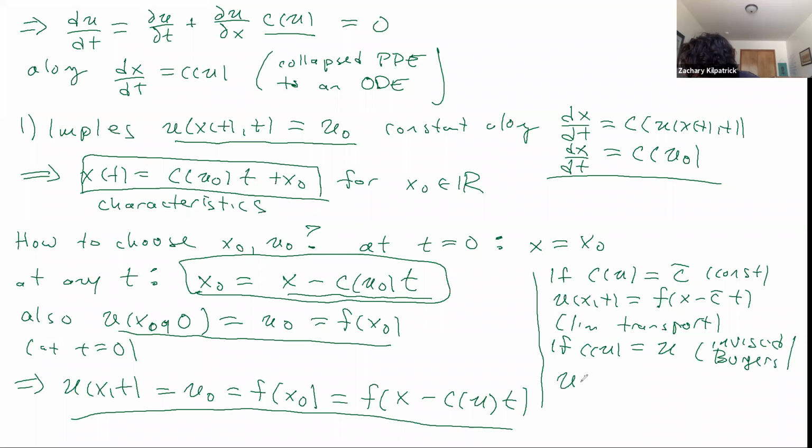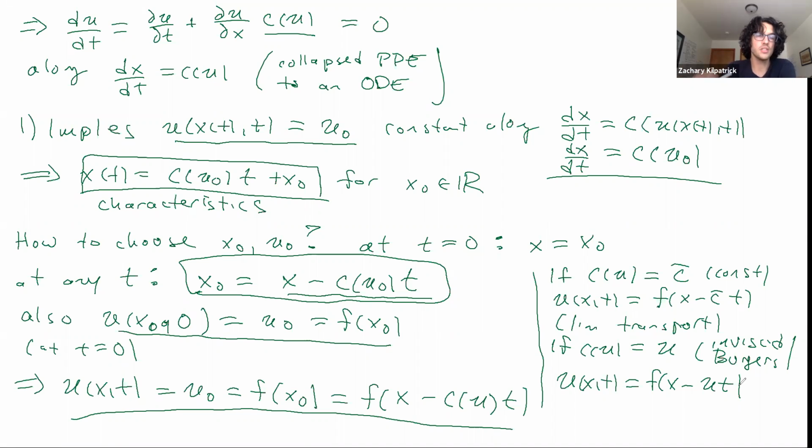Then we have that u of x, t is equal to f of x minus ut, okay? But it works for anything you like in this case. So that's for general transport equations, okay? We're next going to go to the general method of characteristics, where the bookkeeping gets a little bit more complicated. But first, are there any things I can clarify or any questions before we move on?